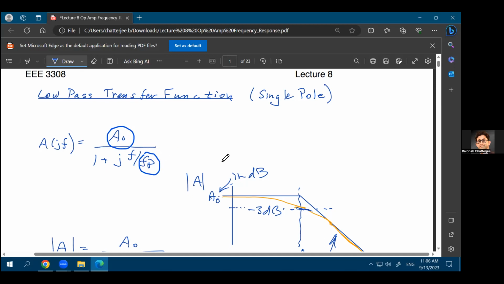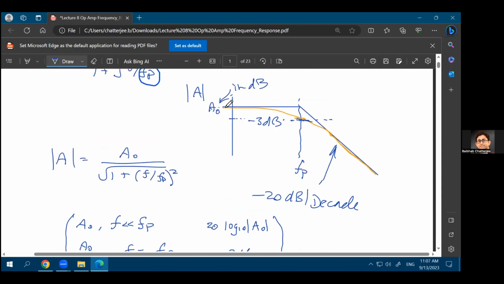Even though the mathematical calculation was easy over here, you represent this term like this because you have all the information: the amplification factor at zero frequency and the frequency of your pole. That's all you need for a first order low pass filter.